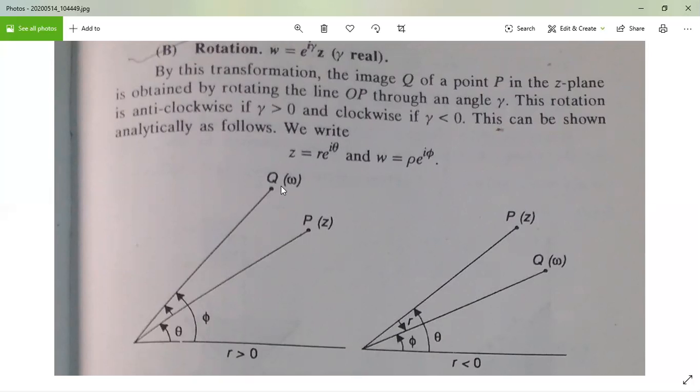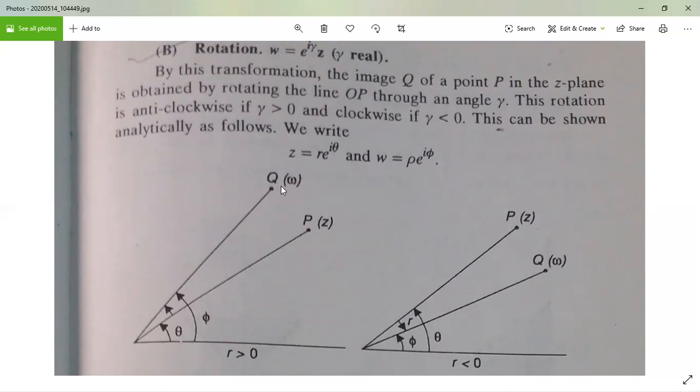The image Q of a point P in the z plane is obtained by rotation. That means we are rotating the line OP through an angle gamma.